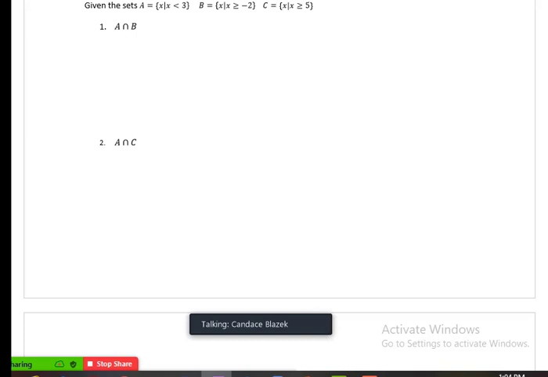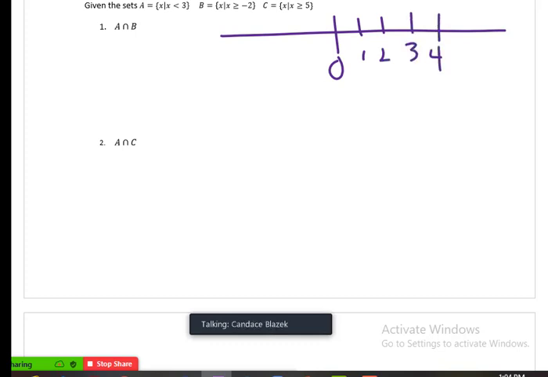We're going to do the same thing now. So I'm going to draw a number line. And here's my 0, 1, 2, 3, 4, and I'll do 5. And then -1, -2, -3, -4.